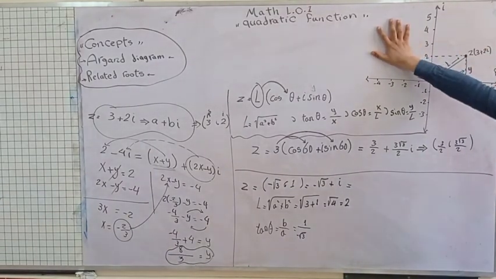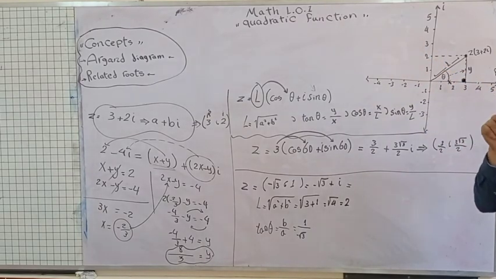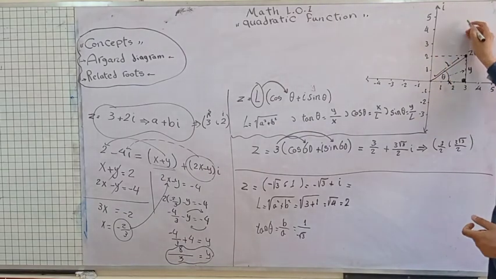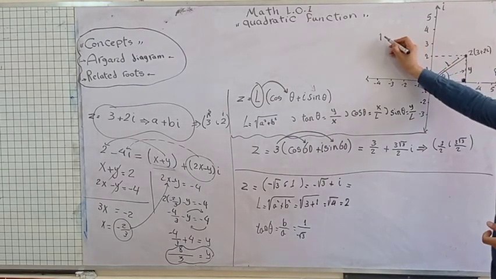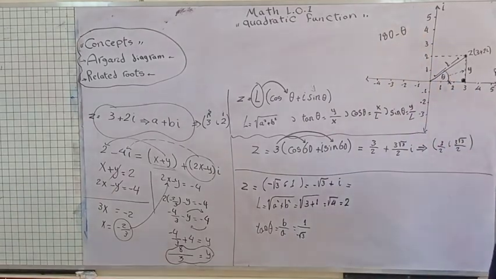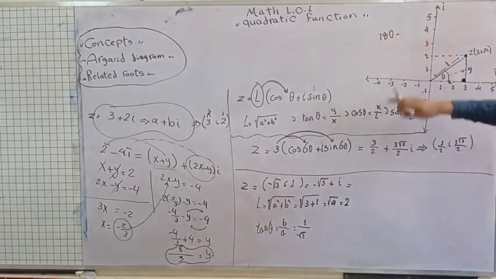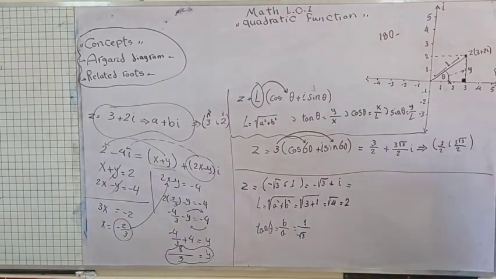But if we are in the second quadrant, the right argument is 180 minus the angle which the calculator gives us.